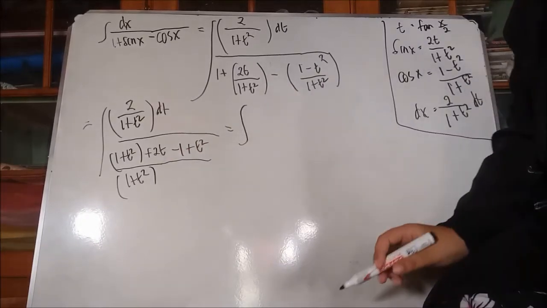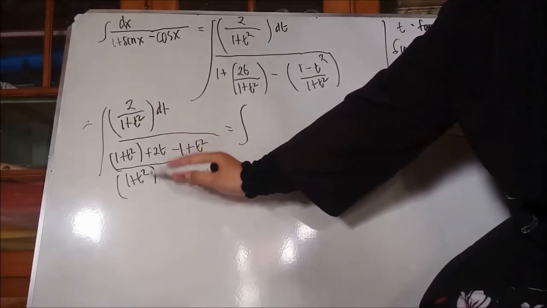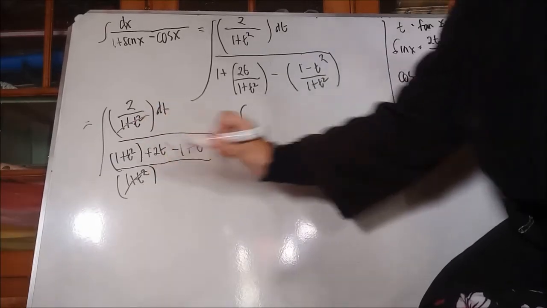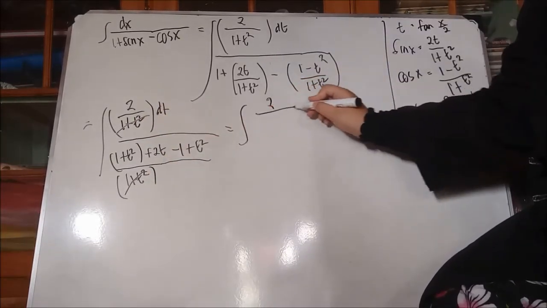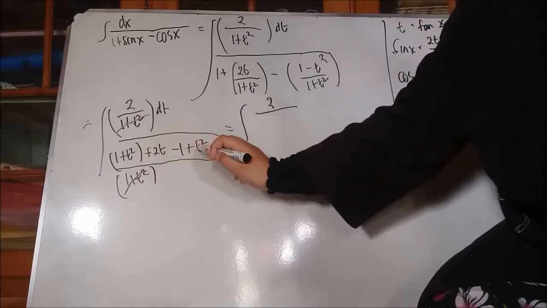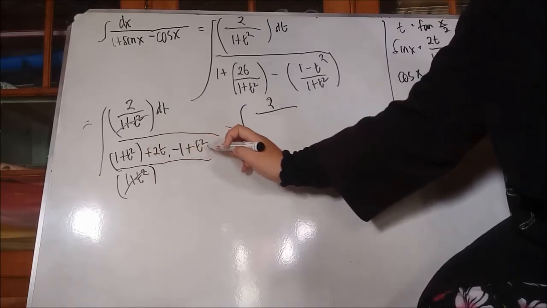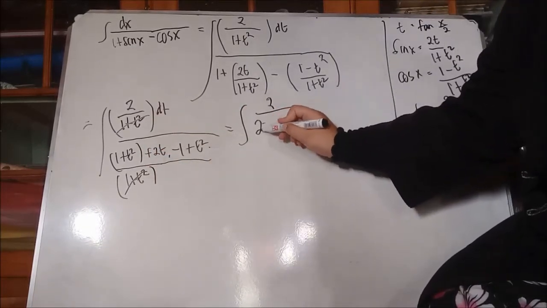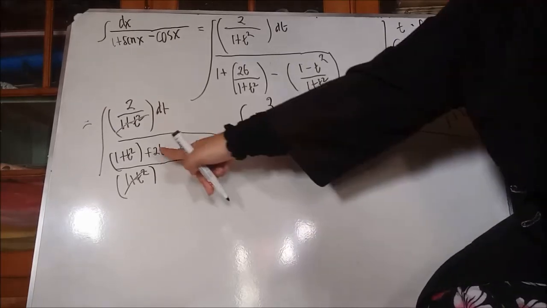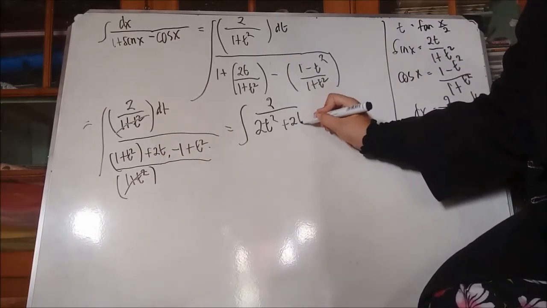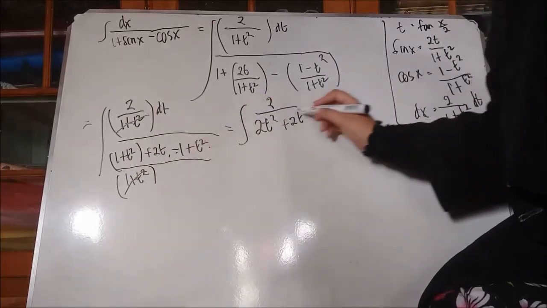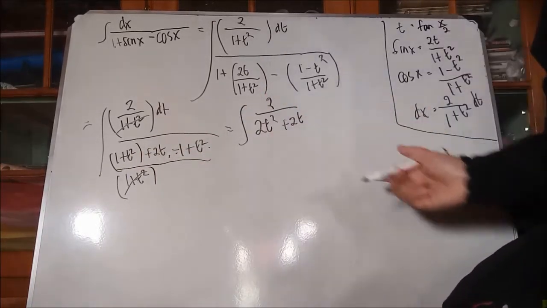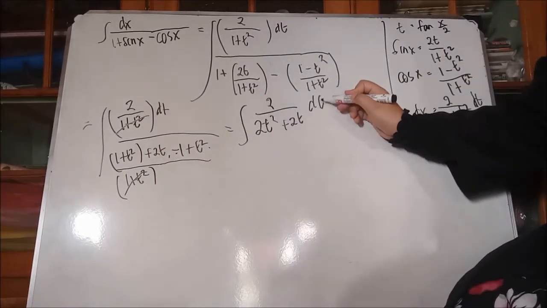So we have the integral. We know that it is 1 plus t square over 1 plus t square, so we can only get the 2 over... we have the 2t, t square and t square, we have the 2t square, we have the 2t. And then 1 minus 1 is 0. So we have the dt.